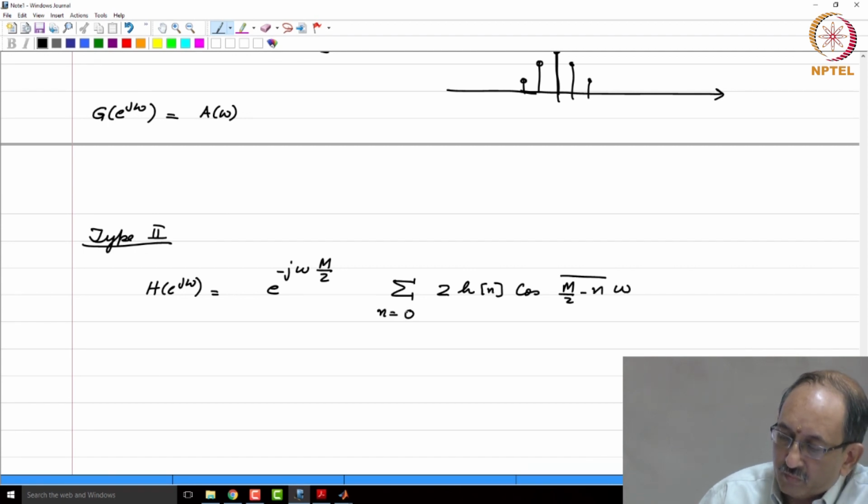The summation goes from 0. Before it went to m by 2 minus 1. Remember, m was even in that previous case. Now m is odd, therefore the upper limit goes to m minus 1 by 2.